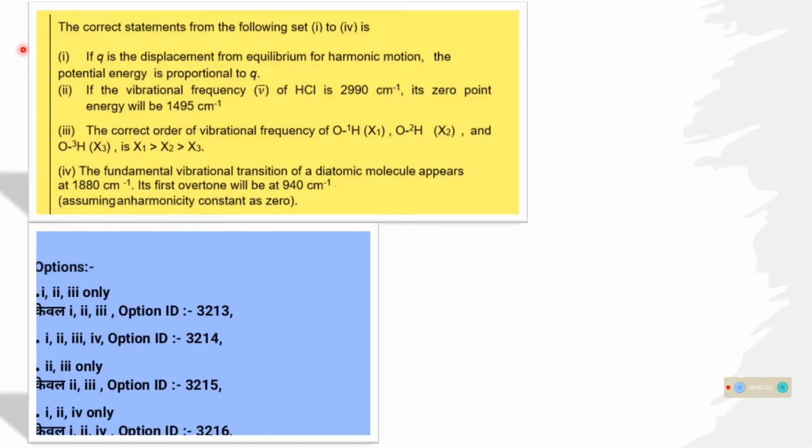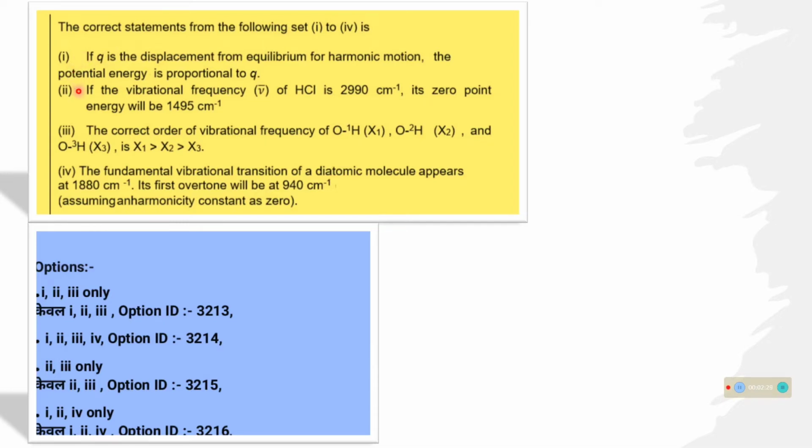So statement 1 is incorrect. If the statement said that potential energy is proportional to q squared, then it was right, but they said that potential energy is proportional to q, so statement 1 is wrong.